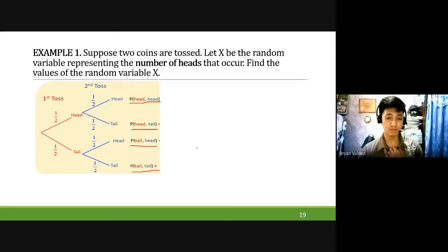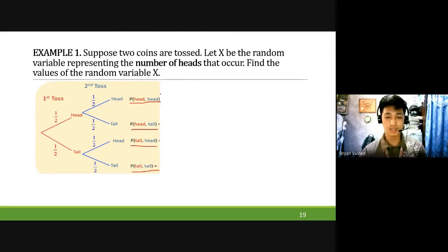So, halimbawa, may duda kayo dito, pwede nyo gawin yung experiment na to. Mag-toss kayo ng dalawang coin, and then sulat nyo yung lahat ng possible outcome. Okay? So, yung lahat ng naka-red dito, ito yung first coin, and then yung lahat ng naka-blue dito, ito yung second coin natin. Okay? And then, itong mga possible outcomes na to, meron kasi tinatawag na sample space dito sa subject natin, sa probability.